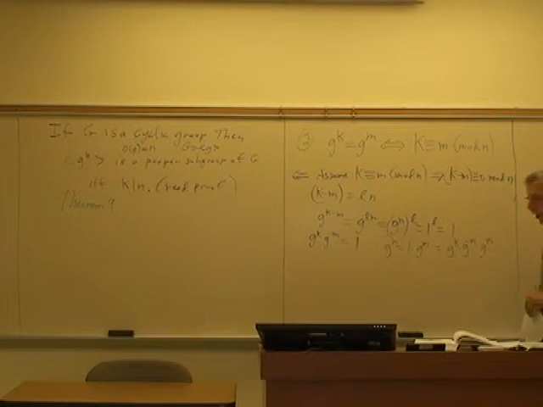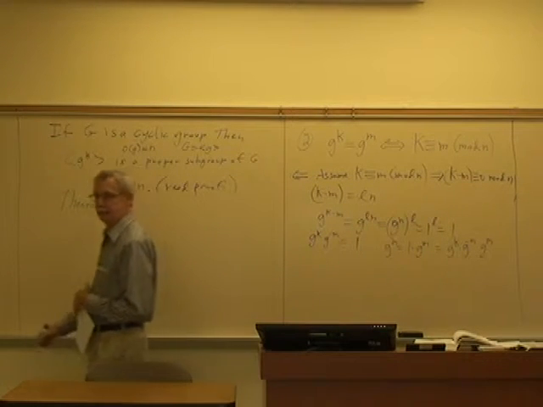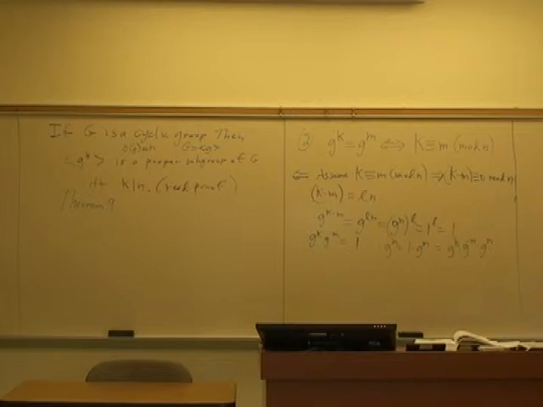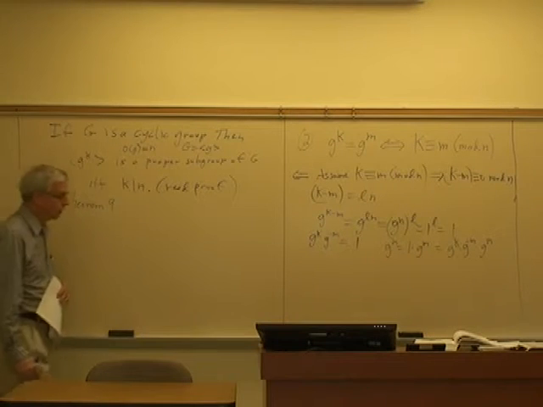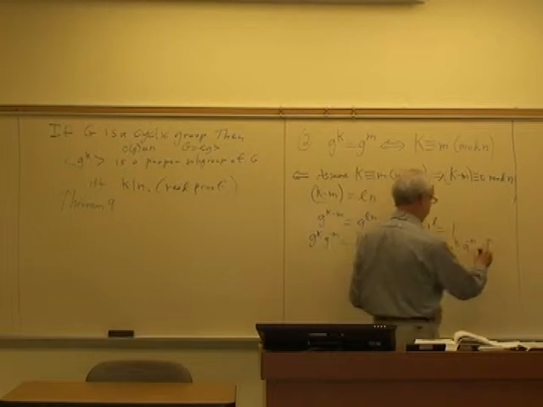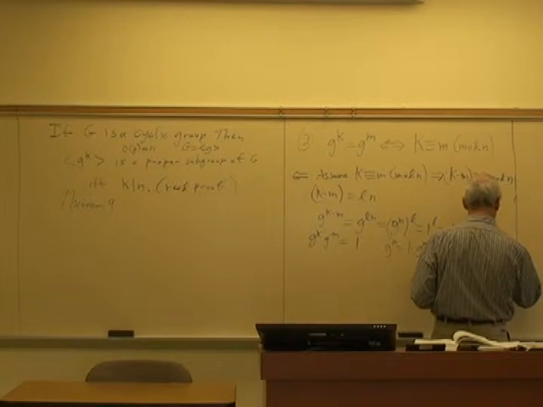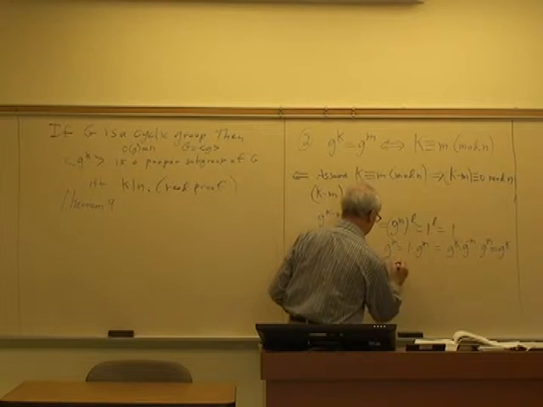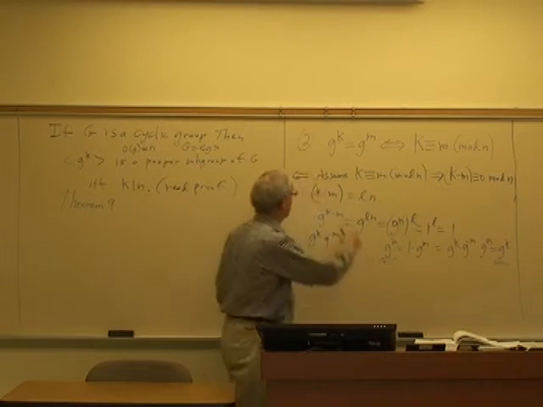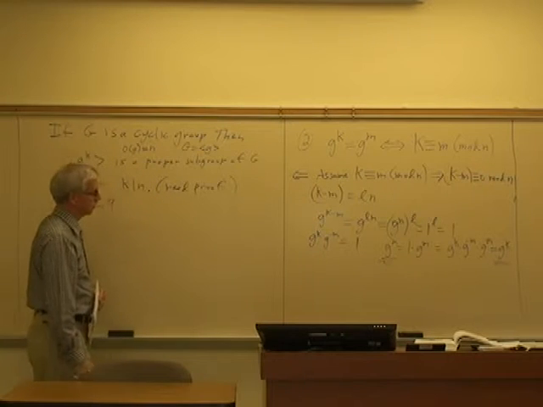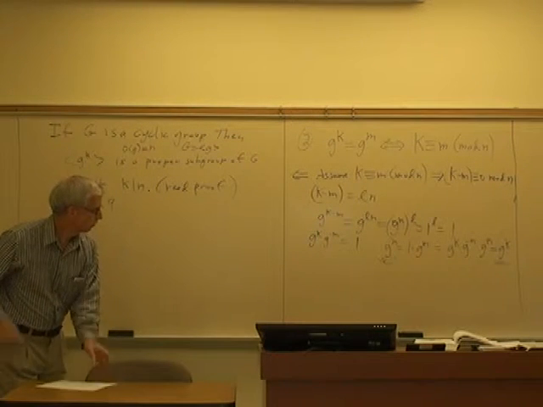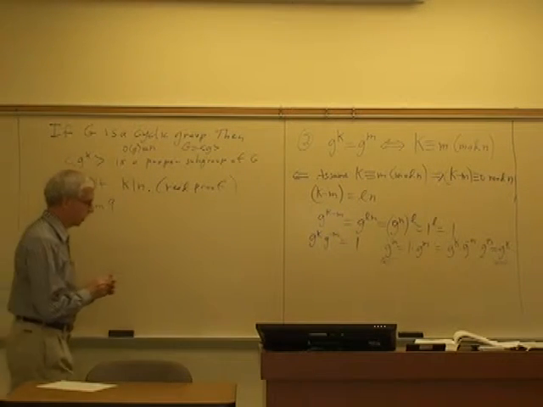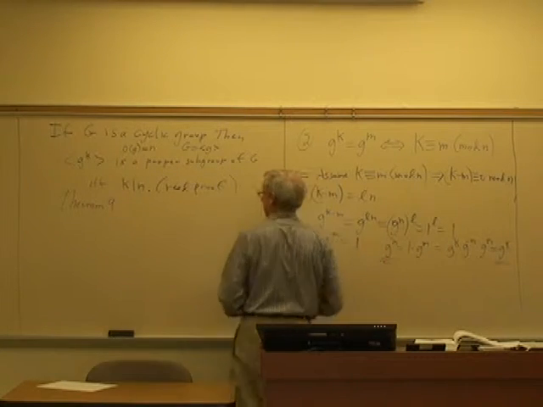And what's g to the minus m times g to the m? Those are inverses, right? So that's just the identity. So this is g to the k. So I proved that g to the m is g to the k, as I wanted to. Let's go the other way.